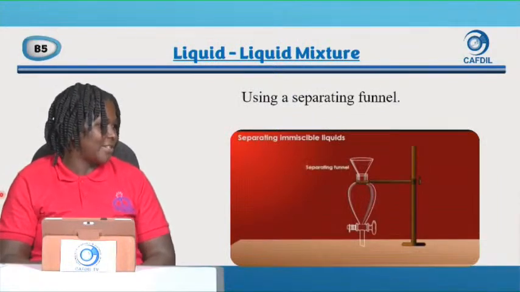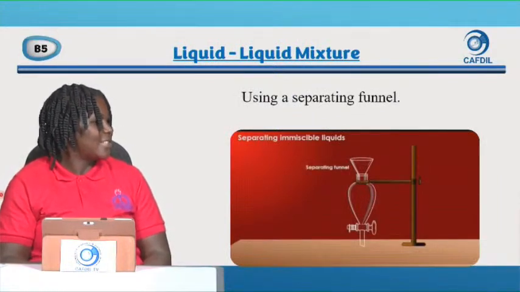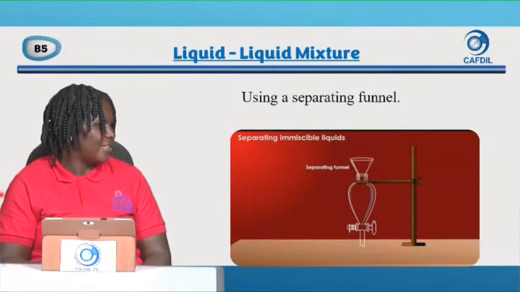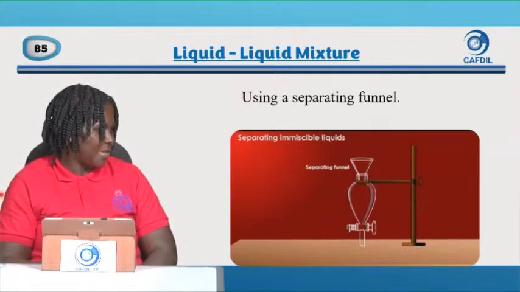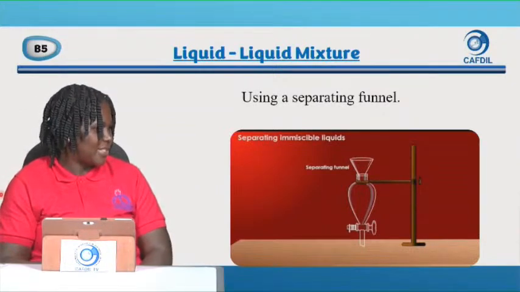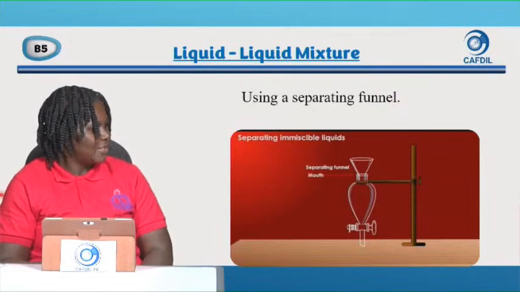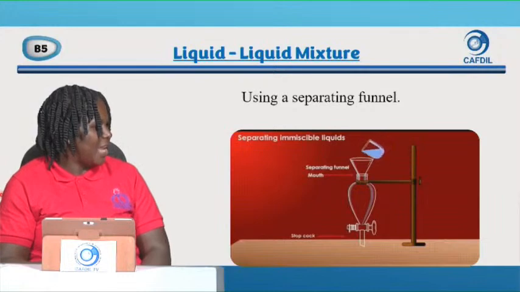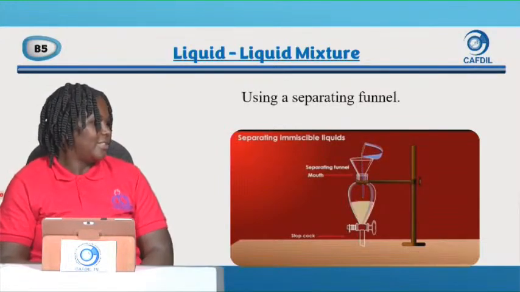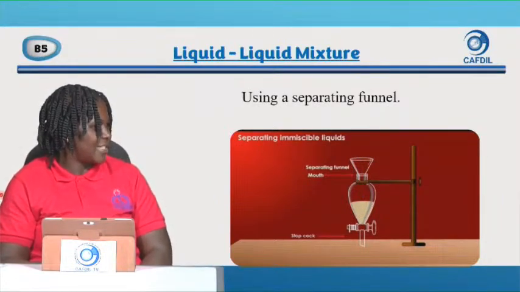Using the separating funnel. Now this is the separating funnel. For separating immiscible liquids, we have our separating funnel. This is the mouth of the separating funnel, and down below we have the stopcock, and then we pour our liquid, the mixture, in it.